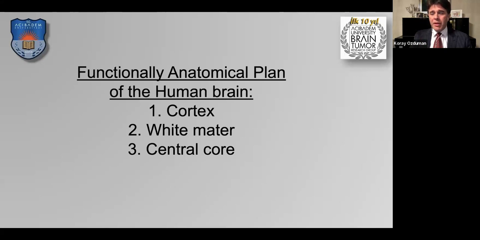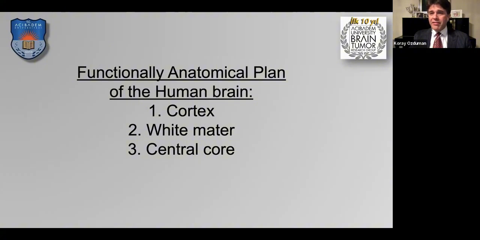It primarily focuses on reflexes that keep our body within the right homeostasis. So the sodium should be within normal limits. The blood pressure should be within normal limits. The blood circulation should go on, and the patient should be awake. And all these functions are automatically done by the central core.